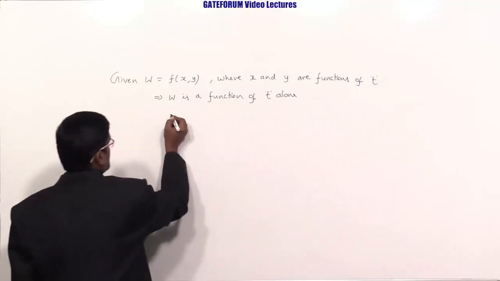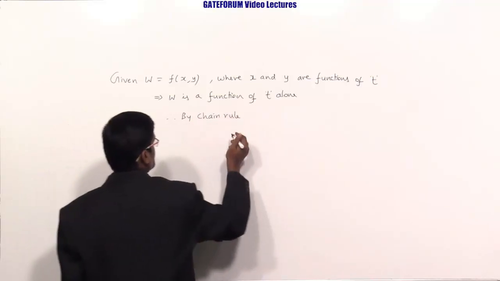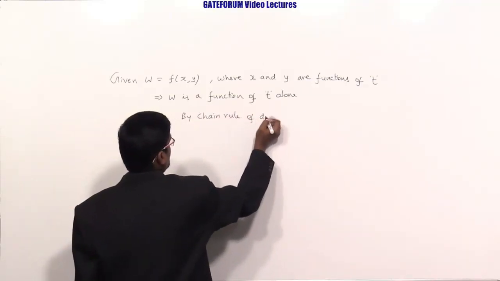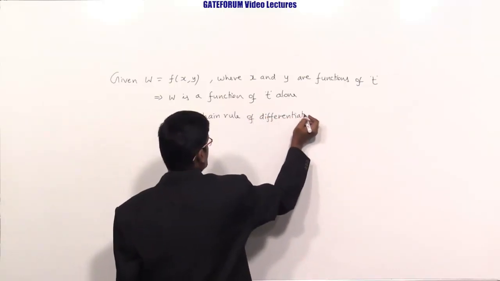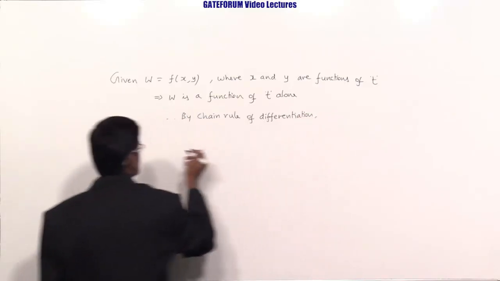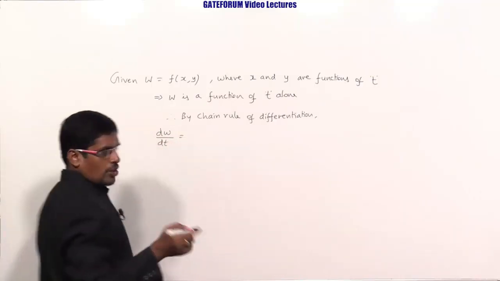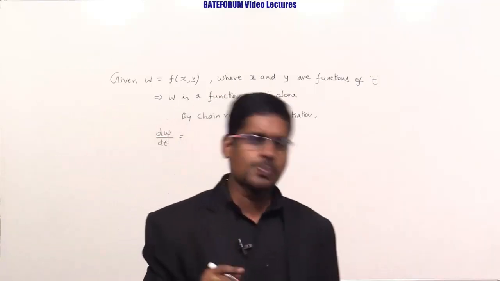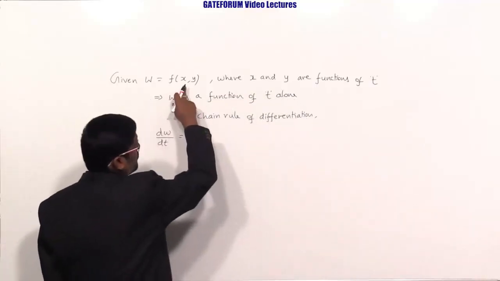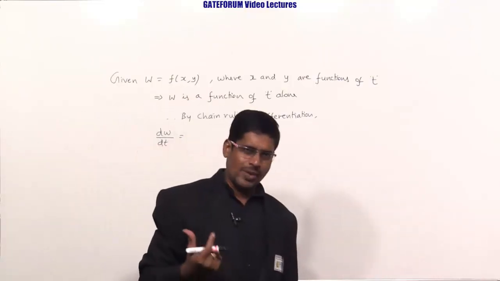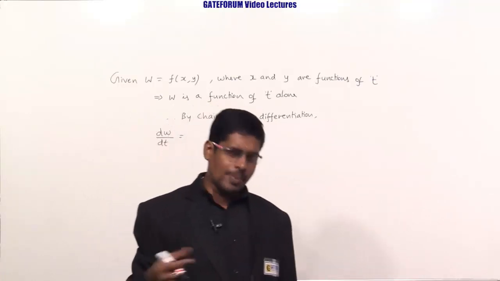So differentiation, ordinary differentiation of dw by dt, because w is now a function of single variable, so ordinary derivative takes place. If it is more than one variable, partial derivative takes place. So first of all, w is a function of more than one independent variable. X and y right now are independent variables. When comparing x and y with t, x and y become dependent and t becomes independent.